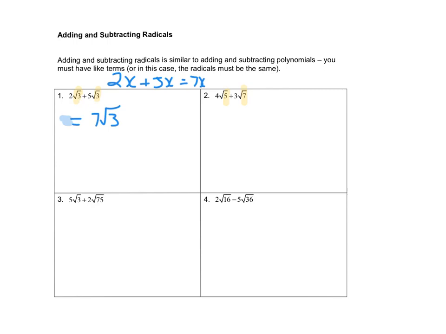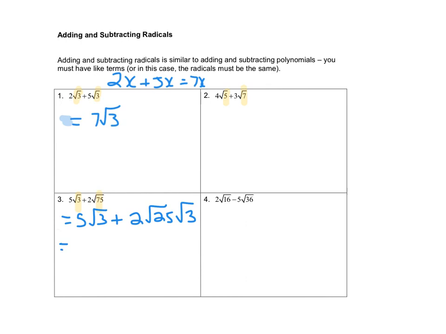In question 3, I have 5 times root 3 plus 2 times root 75. Root 3 and root 75 are not the same. However, I can simplify the root 75. So I have 5 root 3 plus 2 times root 25 times root 3. I just skip the step of writing it all under one square root.